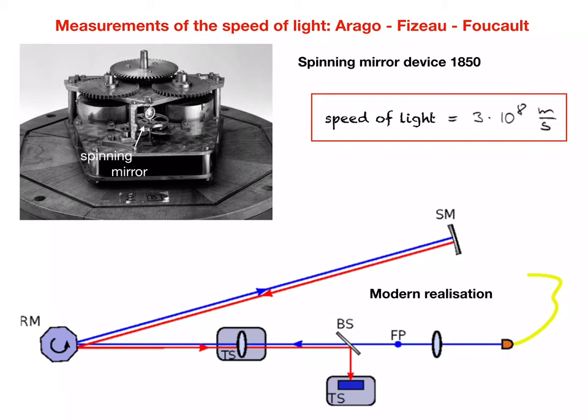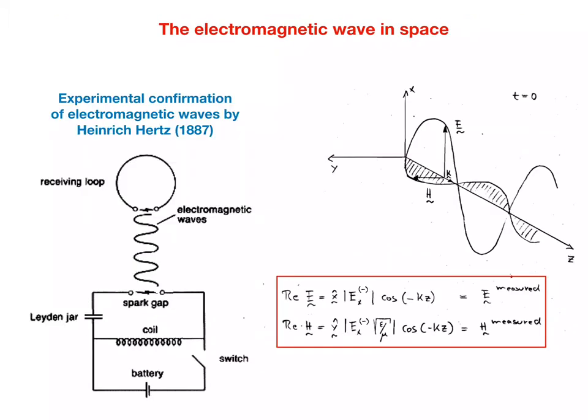If the rotational velocity of the rotating mirror Rm and the distance between rotating mirror Rm and distant mirror Sm is known, the speed of light can be calculated. Light therefore has all the properties of an electromagnetic wave in space.